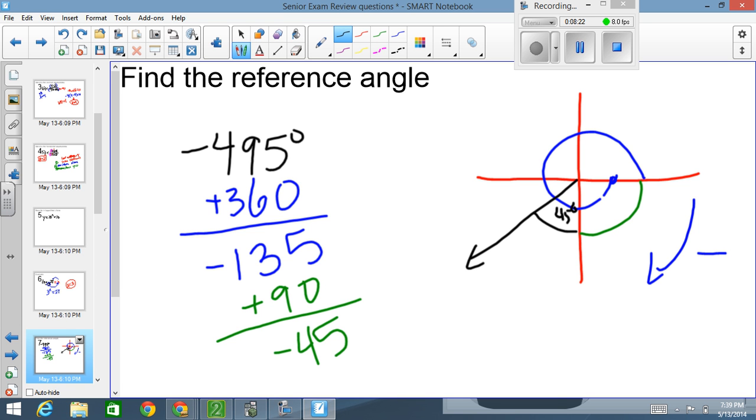The reference angle pretty much refers to the number of degrees you have past the axis. The last axis that I crossed was right here. So by reference angle, the question is, how much further did I have to go? And in this case, it was 45 degrees.